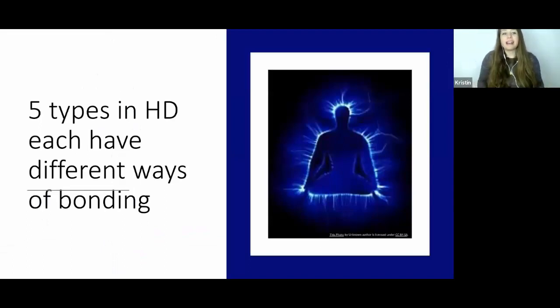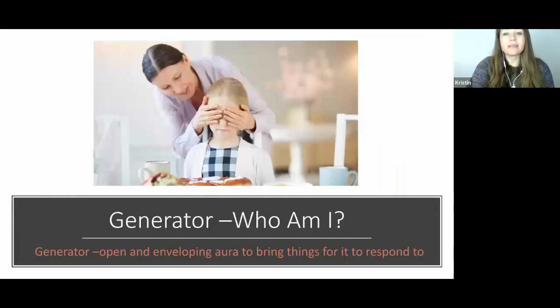So in human design, you know that there are five types: the projector, reflector, manifestor, the generator, and the manifesting generator. Each type has a different way of bonding, and let's talk about how their aura creates the bonds.